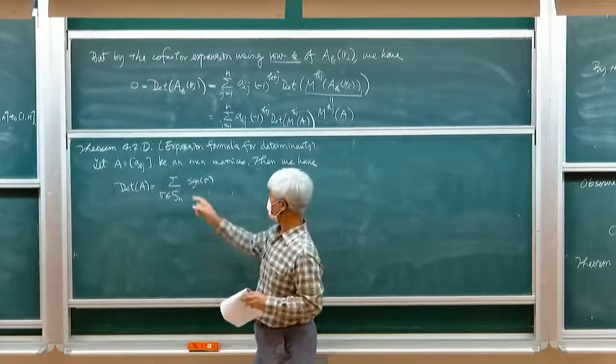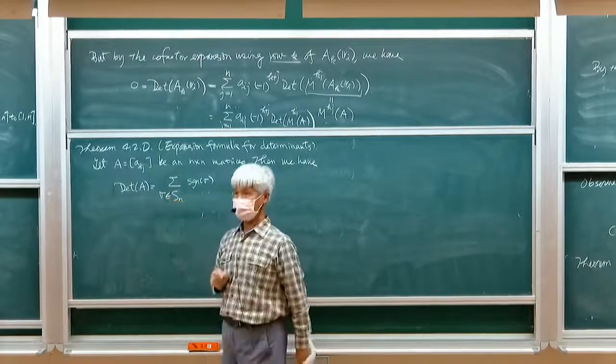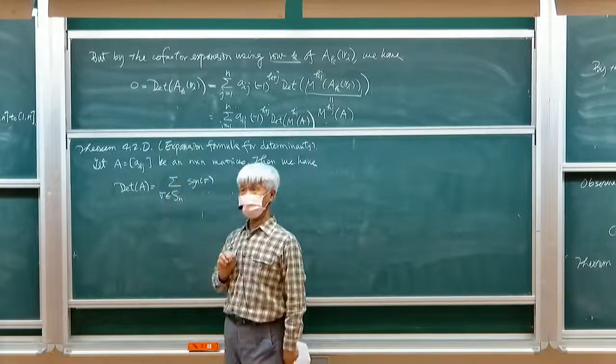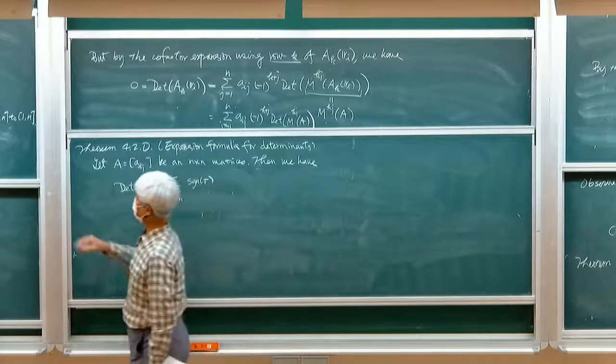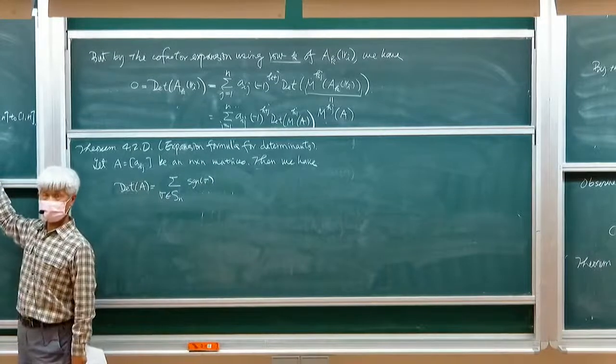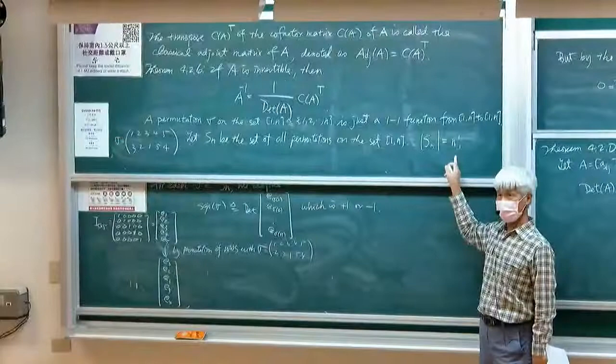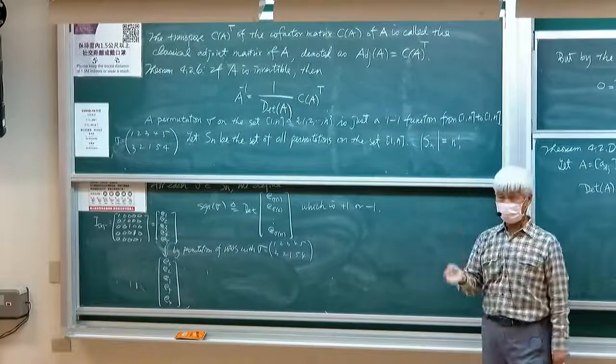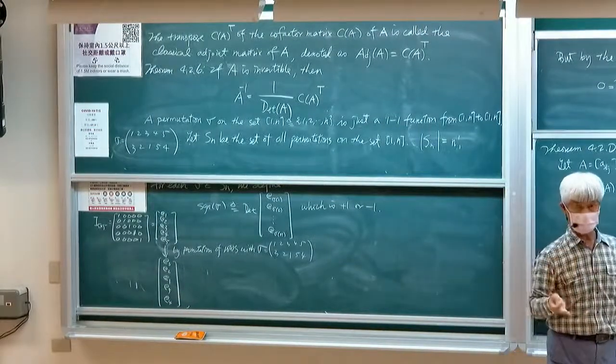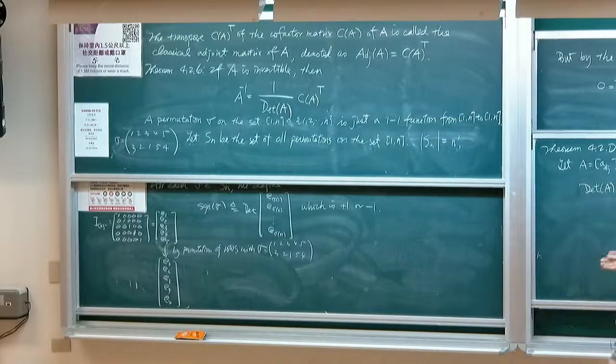How many terms do we have? We have n factorial terms. That is a huge number, considering when n is 100 or 1,000. So it's a huge sum.